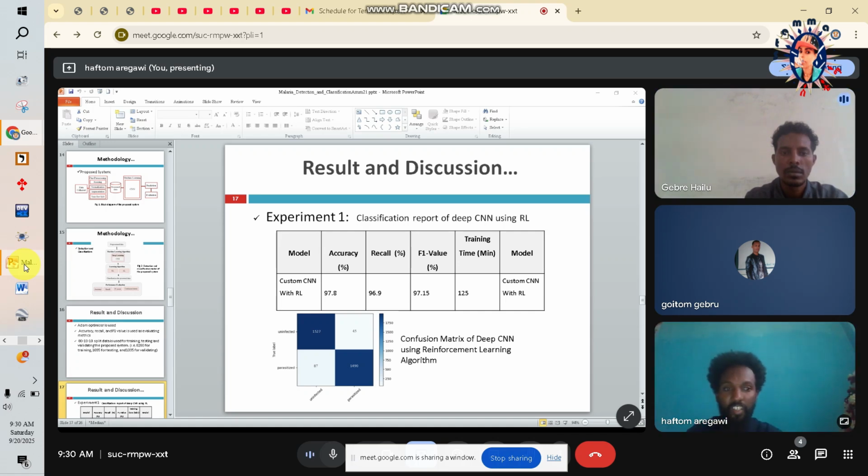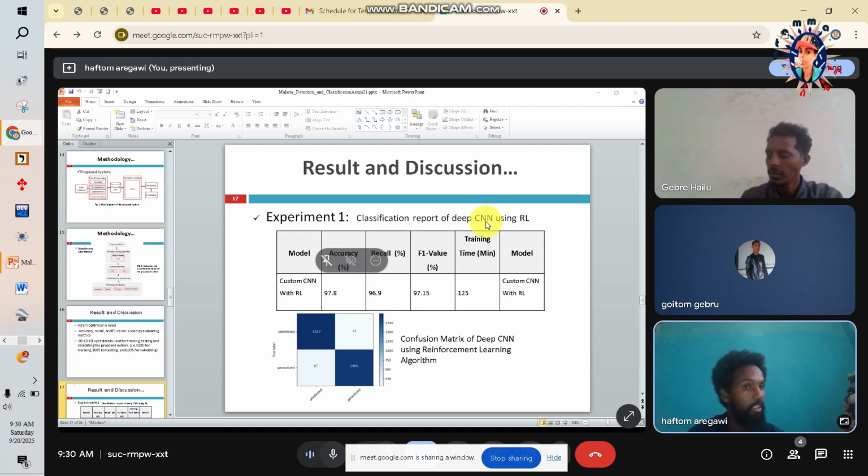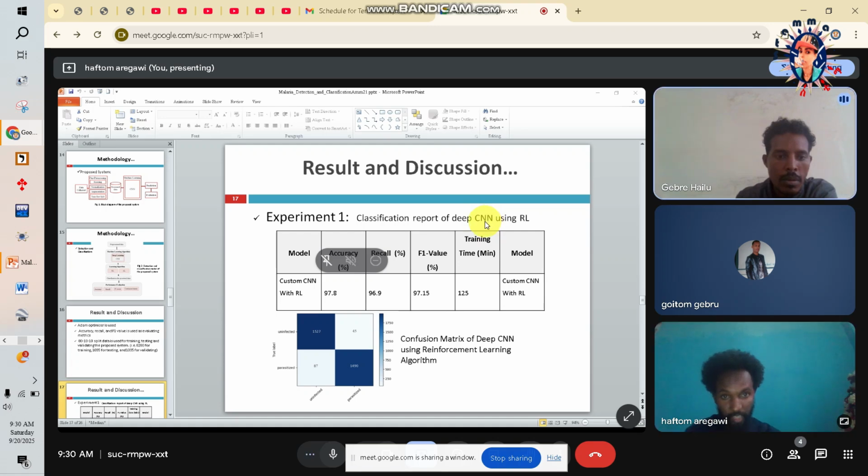Let's see the first result. Classification report of the deep learning model, convolutional neural network, with a reinforcement learning algorithm.